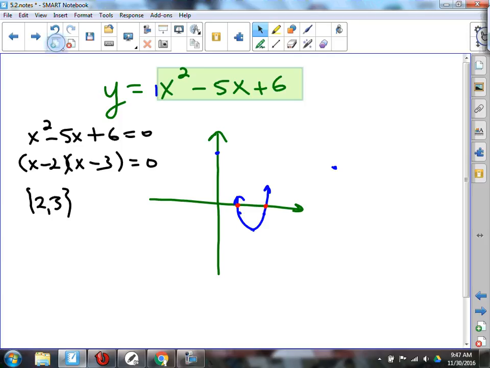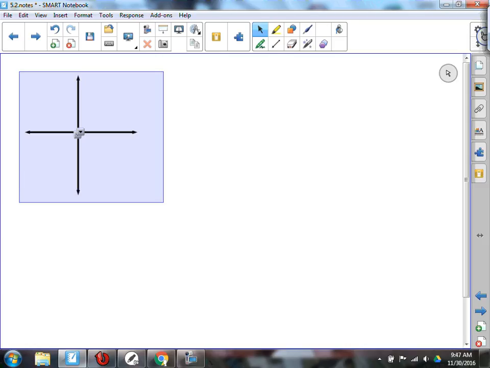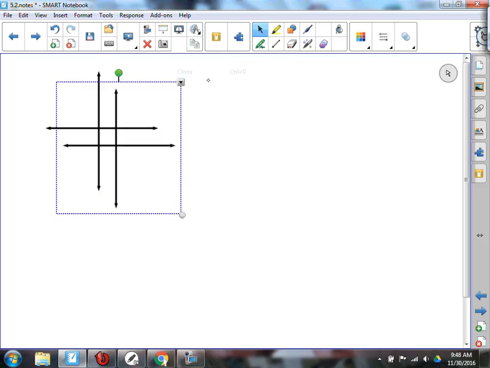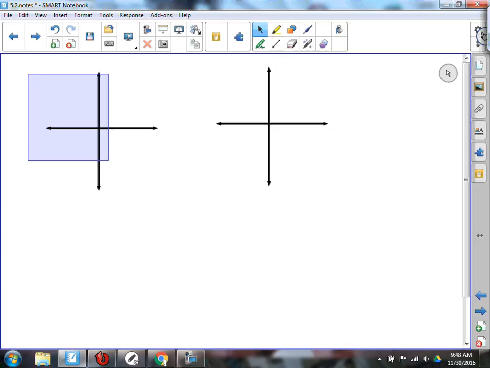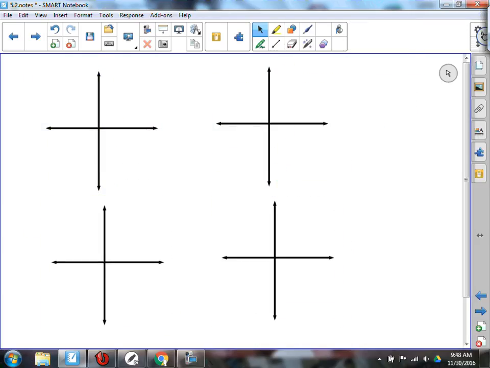You're also going to need to recall all those things about end behavior. Remember, there were 4 scenarios with end behavior. We could have some graphs that do the same thing on both ends, or we could have graphs that do opposite things on both ends.